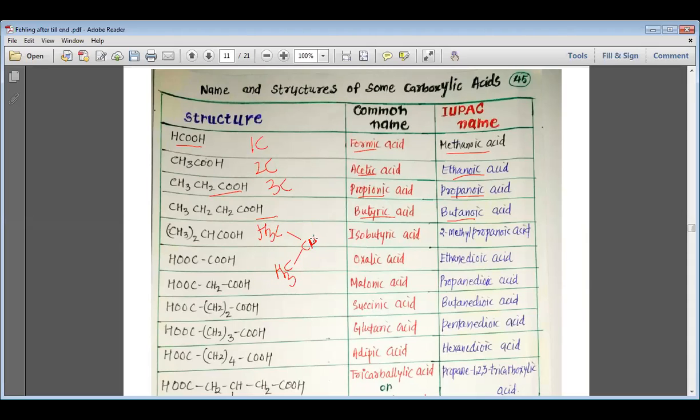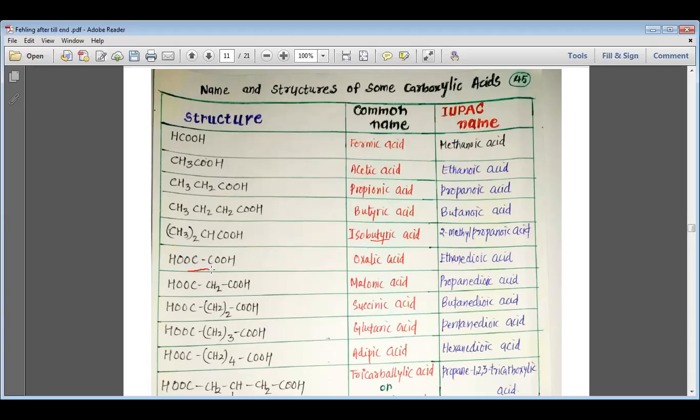And that is bonded to COOH, and this is how finally we get 2-methyl propanoic acid. So 1, 2, and 3. On second carbon we have methyl group, so it is 2-methyl propanoic acid, or it is isobutyric acid. Isobutyric acid, because it has got 4 carbons, so they have considered it as a butyric acid.